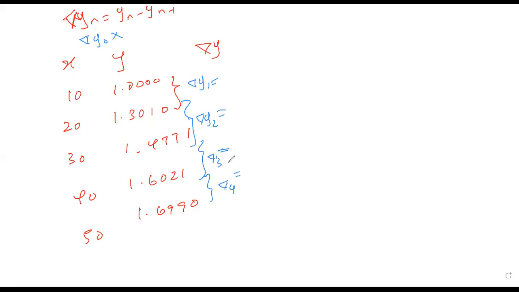Just find the same like differences. So is that negative 0.30? So what if I say this one nabla y1, you have to take from here to here, no? It should be positive, okay? 0.3010. Okay. What about second one? 0.1761.